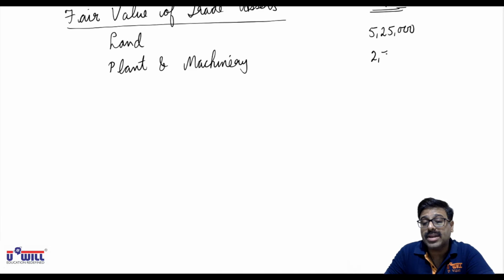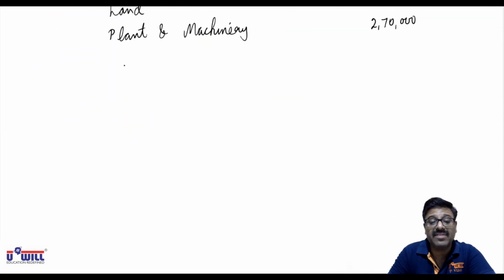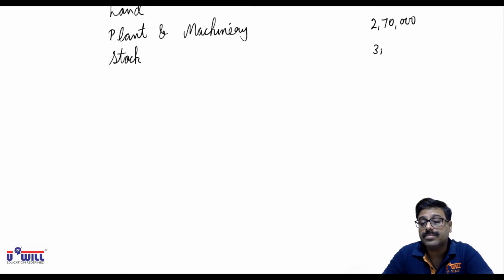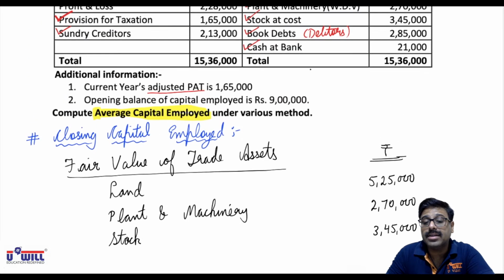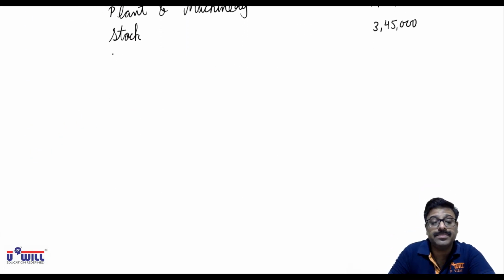I repeat, no other information is given. It means the book values themselves are the fair values. Stock 3,45,000. Then debtors or book debts 2,85,000.